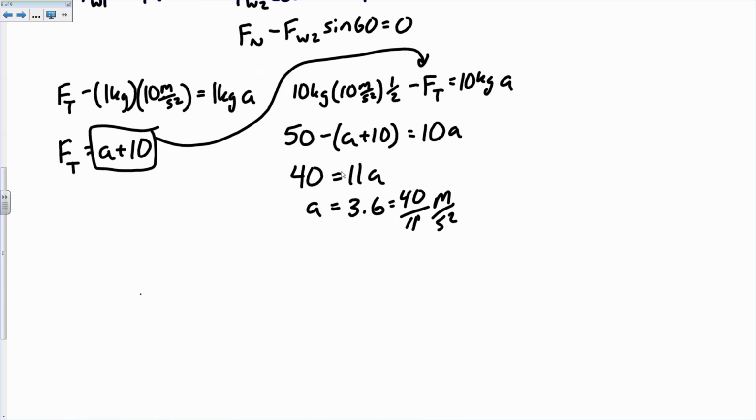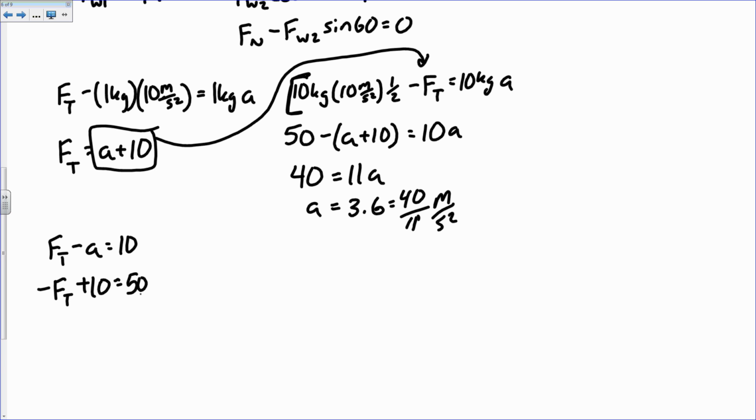Okay, now I also said you could do this by Gaussian elimination, so I'm going to rewrite these equations in this way. Ft minus A equals 10, and negative Ft plus 10 equals 50. Alright, that's just this equation right here. I just rewrote it a little bit.